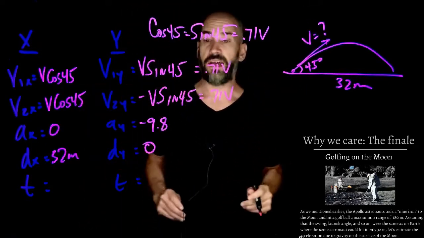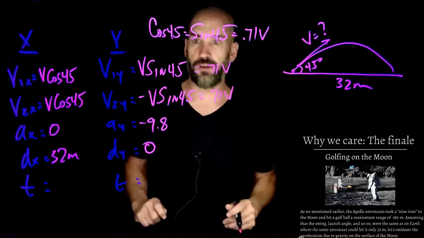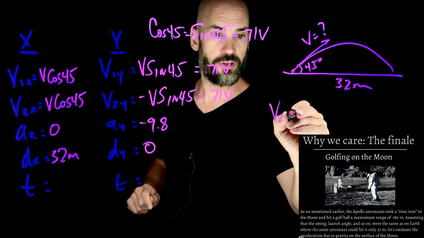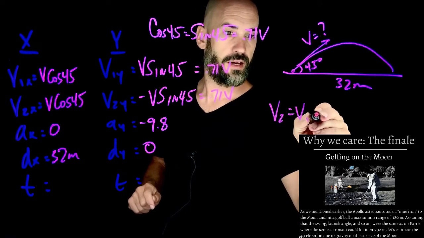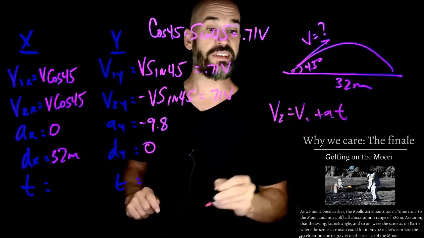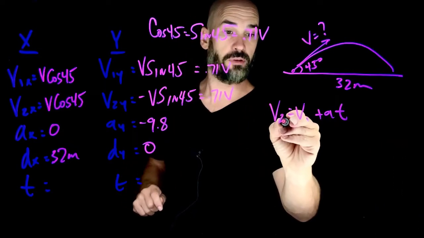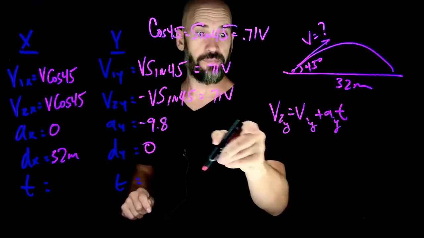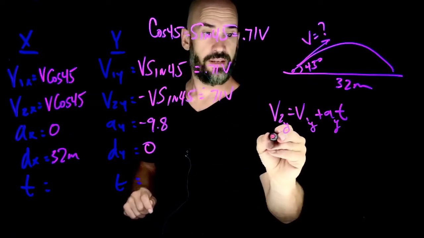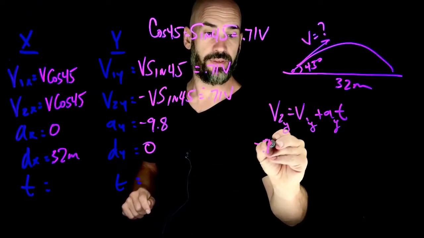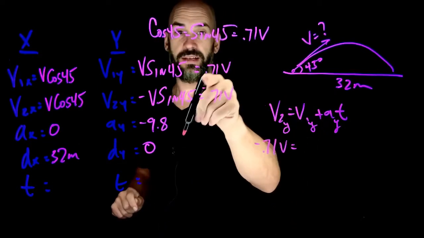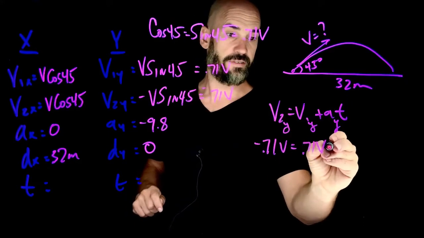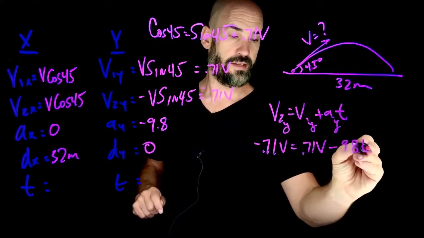Now, let's do what I recommend that we always do. Find time first, all right? I like to use the classic v2 equals v1 plus at. And once again, since this is all the y dimension, I'm going to put little y's here. So I know that v2y is negative 0.71 v. v1y is going to be positive 0.71 v, right? a is negative 9.8, t, right?